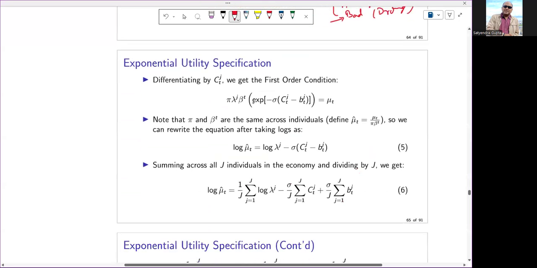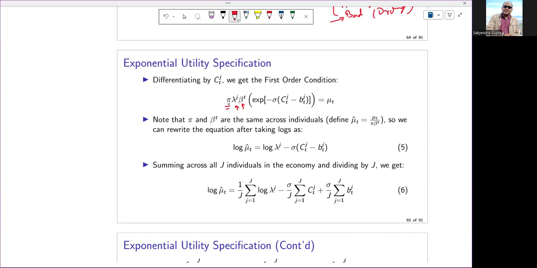Now, after differentiating, we get the first order conditions like this. Here we see this pi is constant, and beta is also constant because we have assumed that all the individuals have the same time preferences.